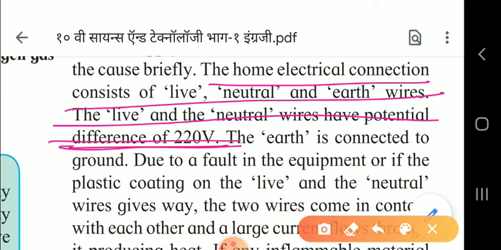And if any inflammable material like wood, cloth, plastic, etc. is there, it will catch fire. Inflammable means which can easily catch fire.